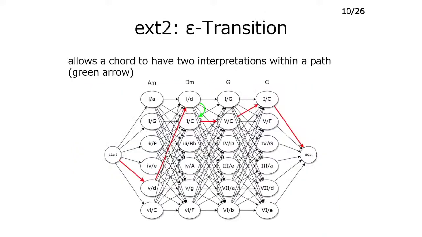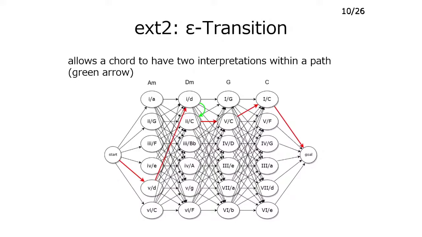Second, we introduce epsilon-transition to express paths which contain interpretation changes within a chord. In the figure shown here, the red and green arrows represent an interpretation path, and this green arrow is the epsilon transition. This feature enables us to express a key modulation within a chord.